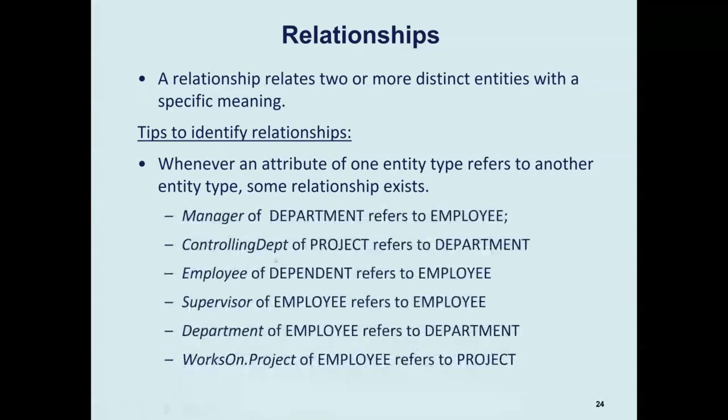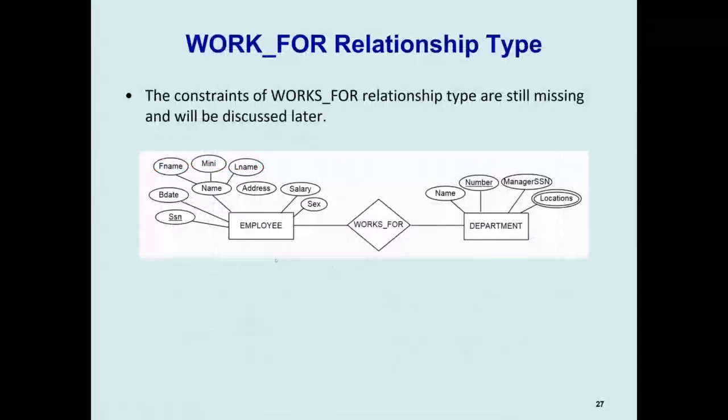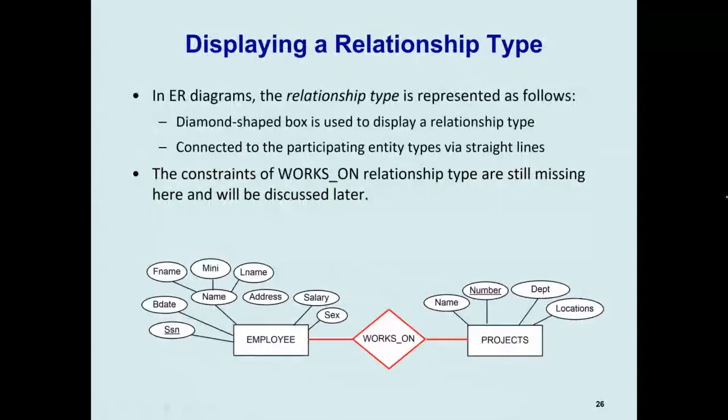Okay, displaying a relationship type. We know that given a database, we have so many different records, and we have a lot of relationships among those records. Some relationships actually represent the same semantics, like employee works for department.